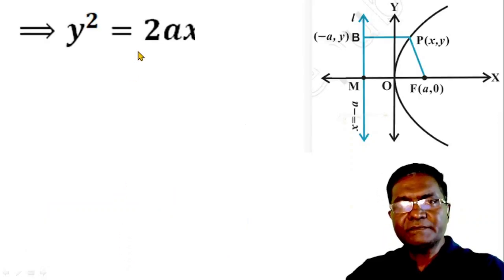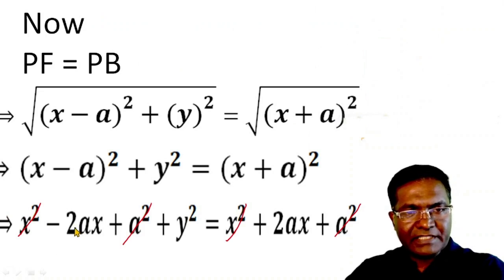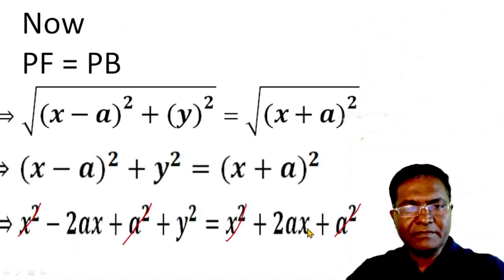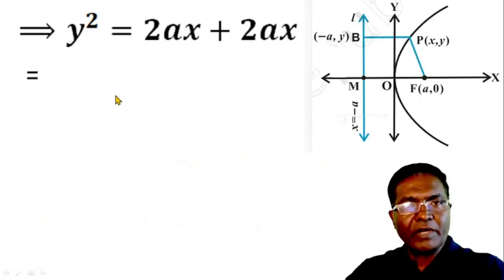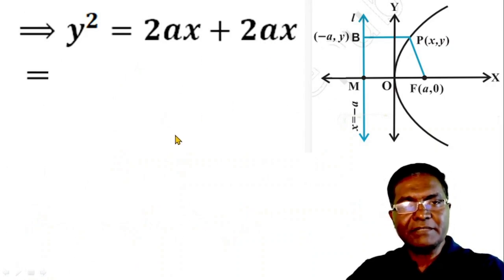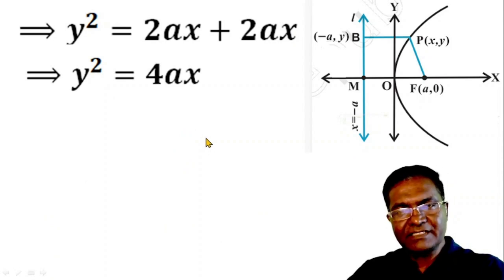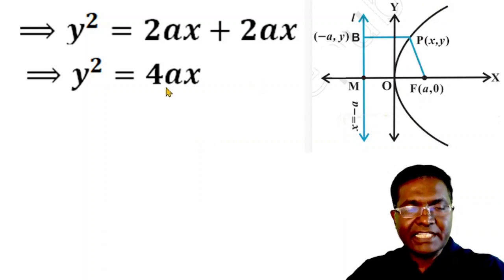Y square equals 2ax plus 2ax. I'll show you: minus 2ax remains, transfer it to the right, minus 2ax becomes plus 2ax. So you are left with y square equals 2ax plus 2ax, which is nothing but y square equals 4ax. If you take point P anywhere on this parabola, you will get the same equation.